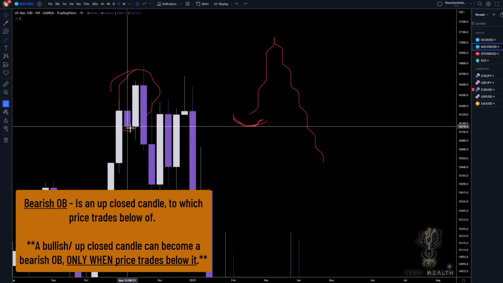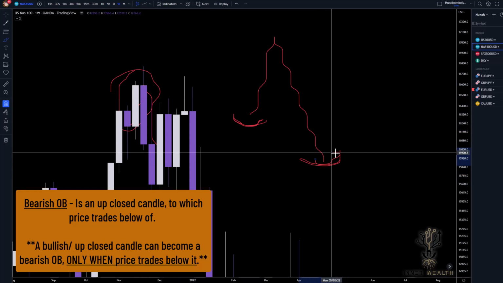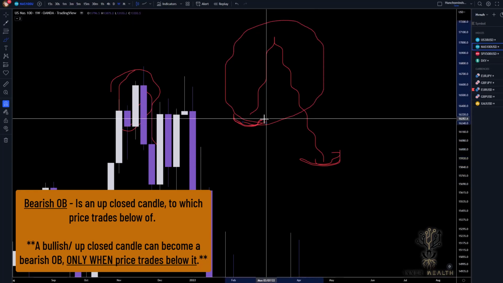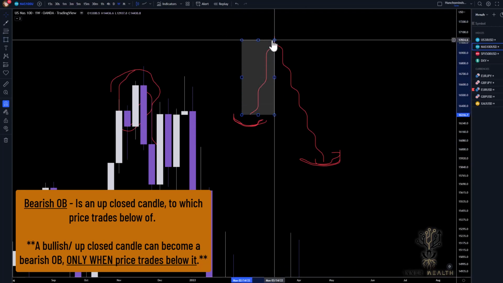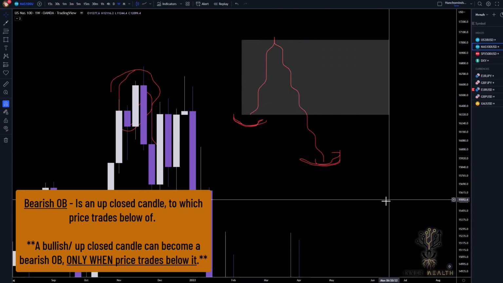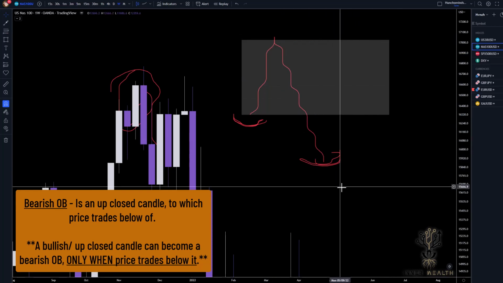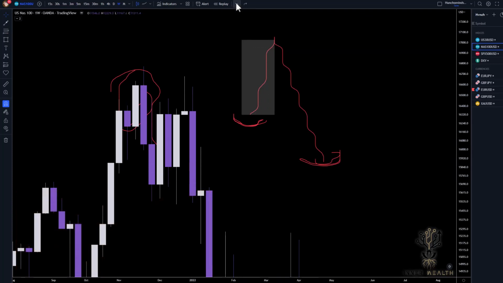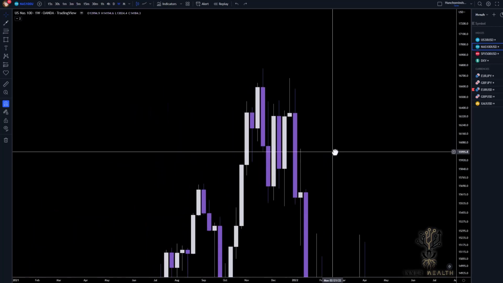Once price action trades below and creates a new low, that bullish candle now becomes your bearish order block. And the only way for it to become your bearish order block is if we trade below it.